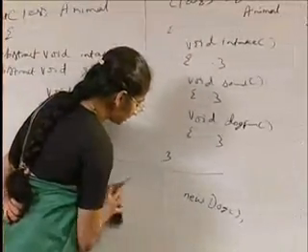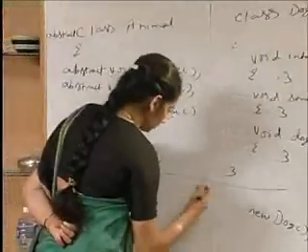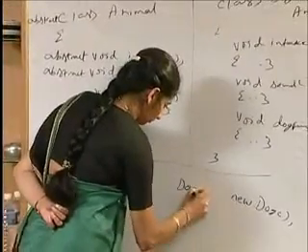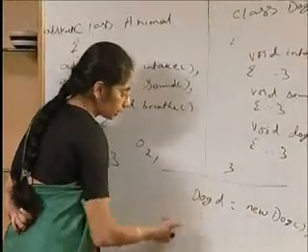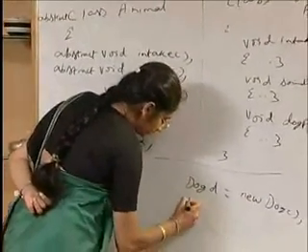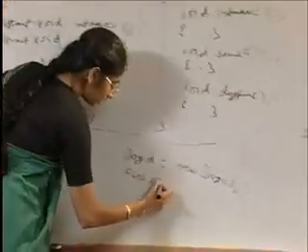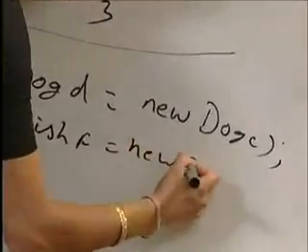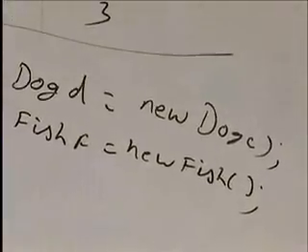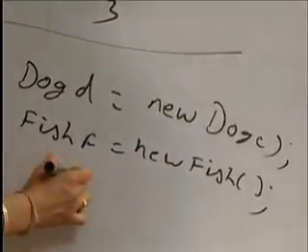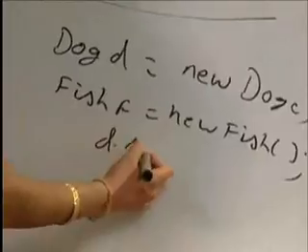Now let's just assume that we create an instance of class dog and put it into a dog variable itself, and fish likewise. And you might want to call, using the dog variable, the sound method.